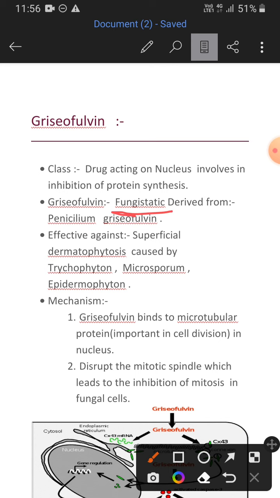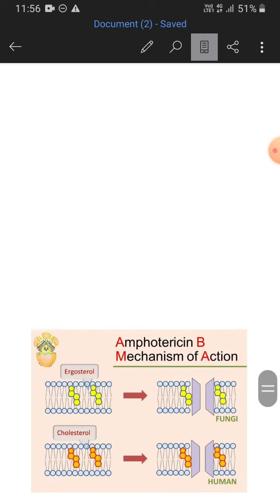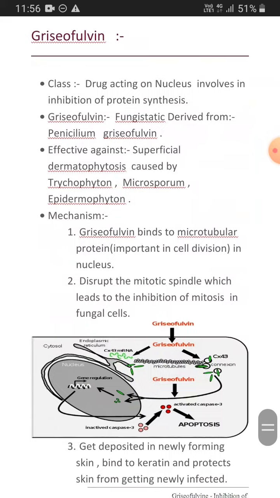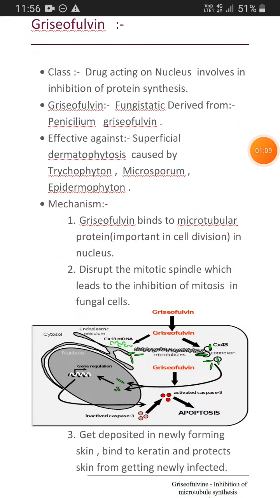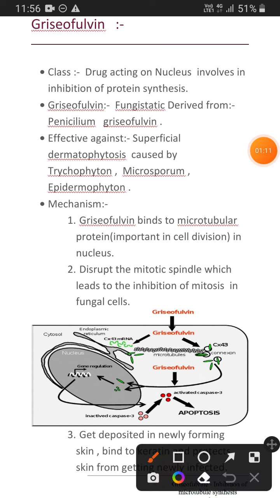If it causes destruction of the cell, just like amphotericin B, then we will refer to it as a fungicidal drug. Here, as Griseofulvin is involved in just inhibiting the growth, we will call it a fungistatic drug. Griseofulvin is derived from Penicillium griseofulvum, you need to remember, and it is effective.